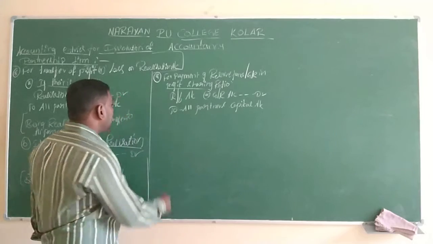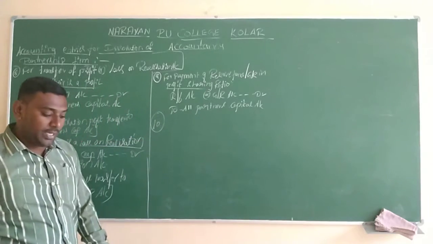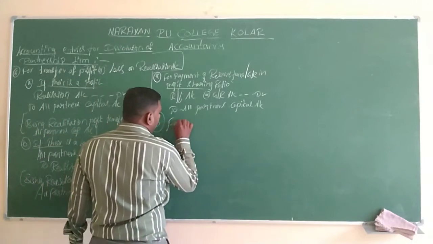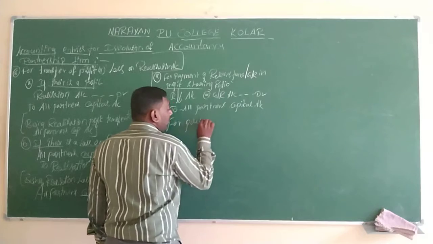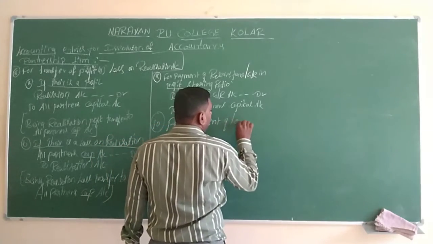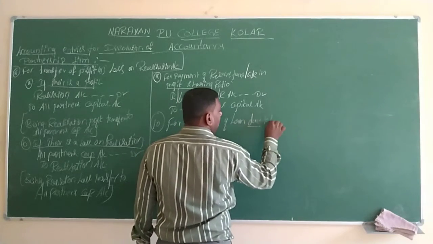Now for the 10th entry we have one more journal entry, for payment of loan due to the partner.